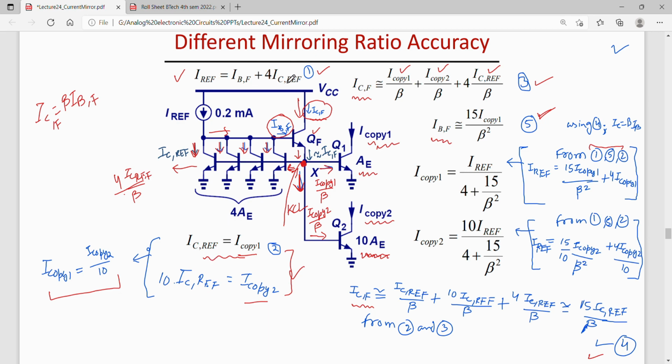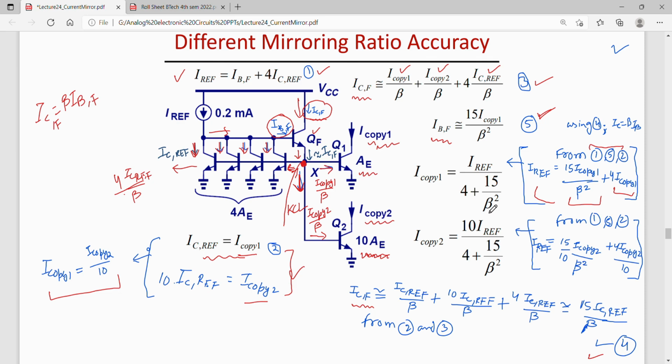So I can write IREF as IBF, which is 15 I copy 1 by beta square, plus 4 ICREF. ICREF is I copy 1, so I can get this equation. From here I can find I copy 1 in terms of IREF and beta. So I copy 1 is IREF by 4 plus 15 by beta square.